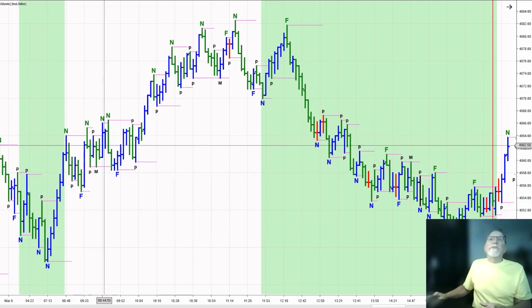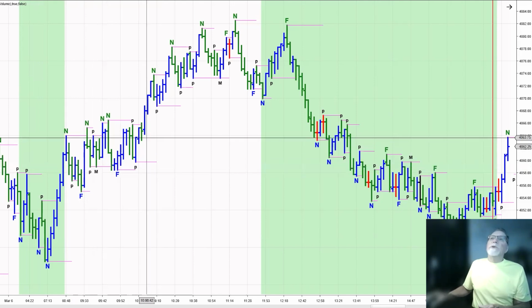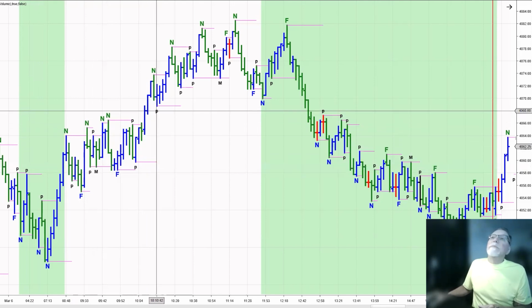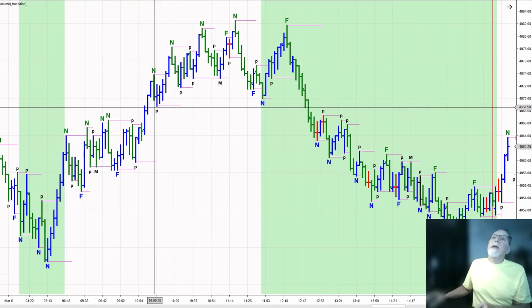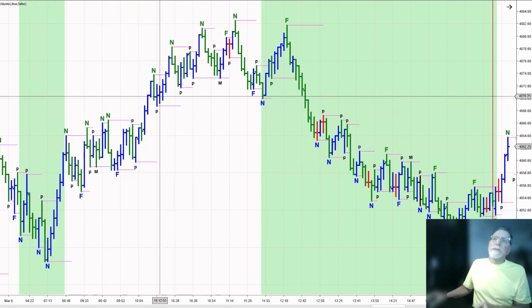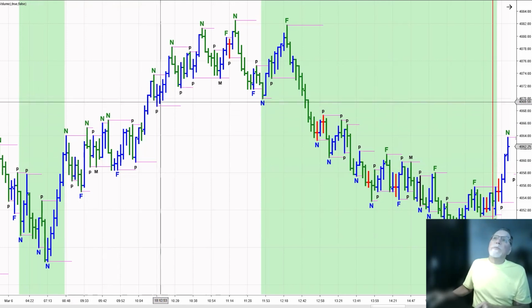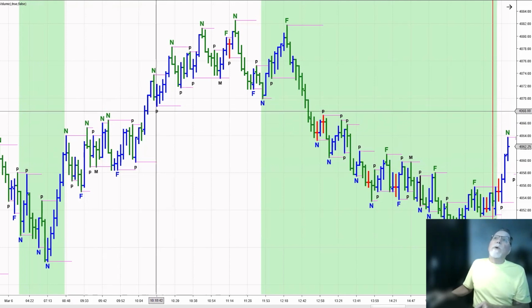Each one of the labels appears on the chart as soon as it's confirmed. So that label right there, that P for price failure, is confirmed, and that label appears as soon as the bar following it closes. That confirms that the 3-bar process is complete and that the low of that bar right there is a price failure.